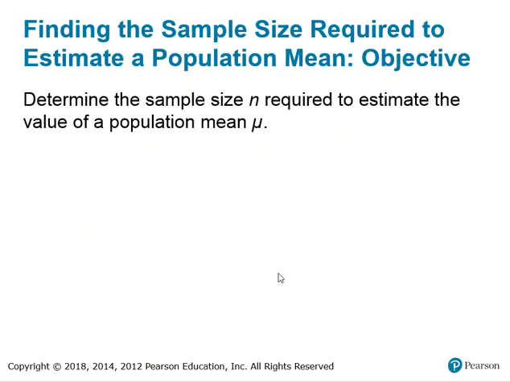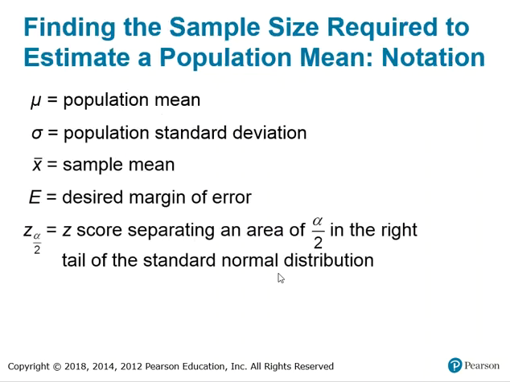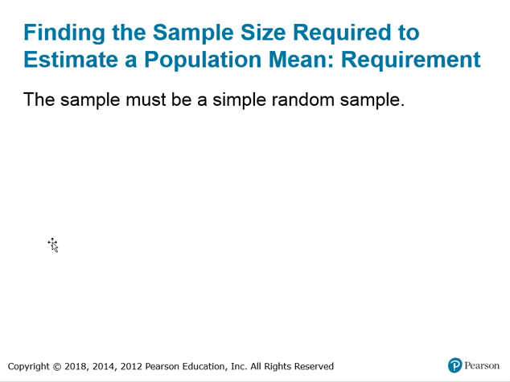We also need to be able to determine the sample size, so we'll go ahead and work on that. Same symbols as before. Notice this is a Z. If it's a Z, that means we know the standard deviation for the population. If it's a T, we do not.